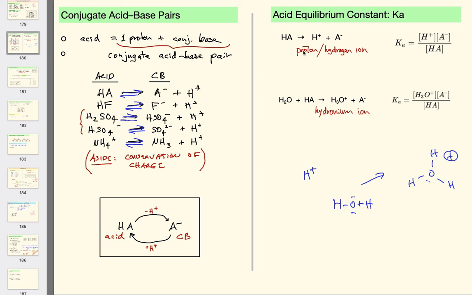Sometimes we actually cannot use this shorthand notation. It's preferred, but sometimes we have to show the role water plays. What really happens in this reaction is a proton isn't really generated. What's generated is a hydronium ion. When the acid gets rid of this proton, something really has to accept it. What usually accepts it, if you're in water medium, is water.